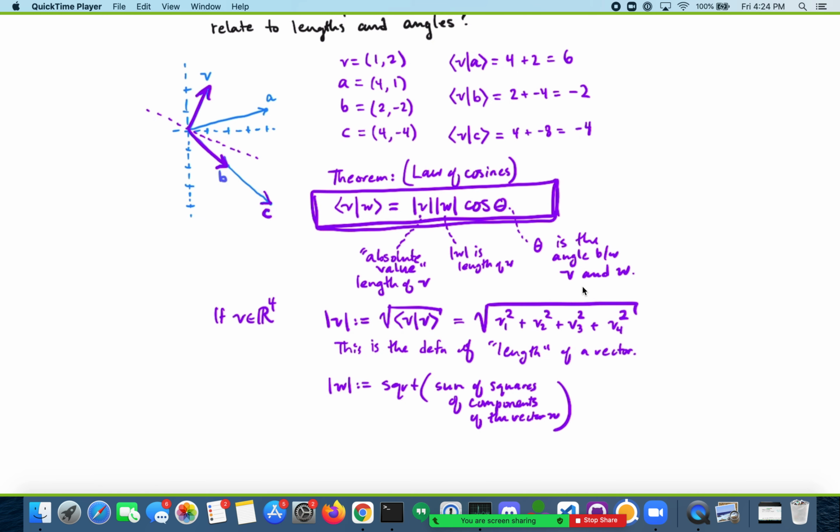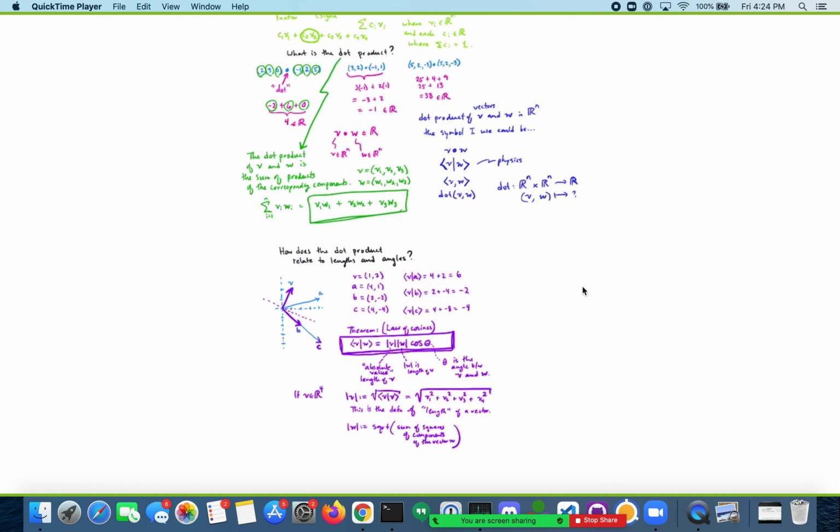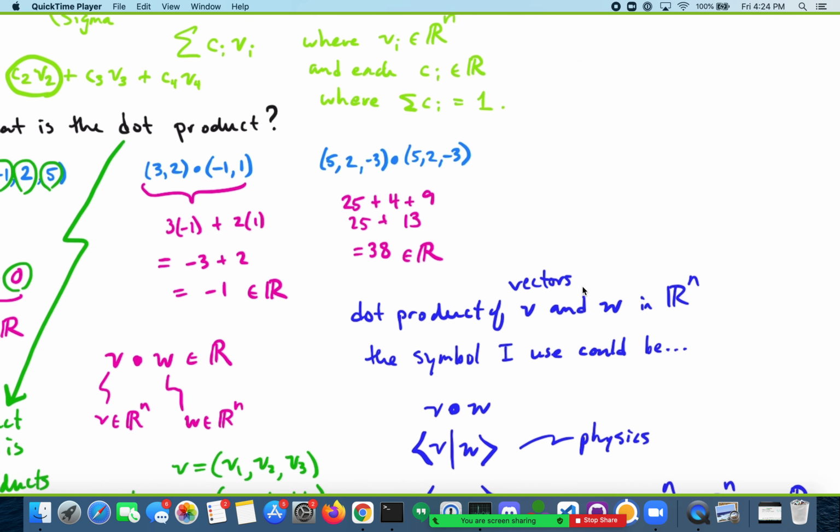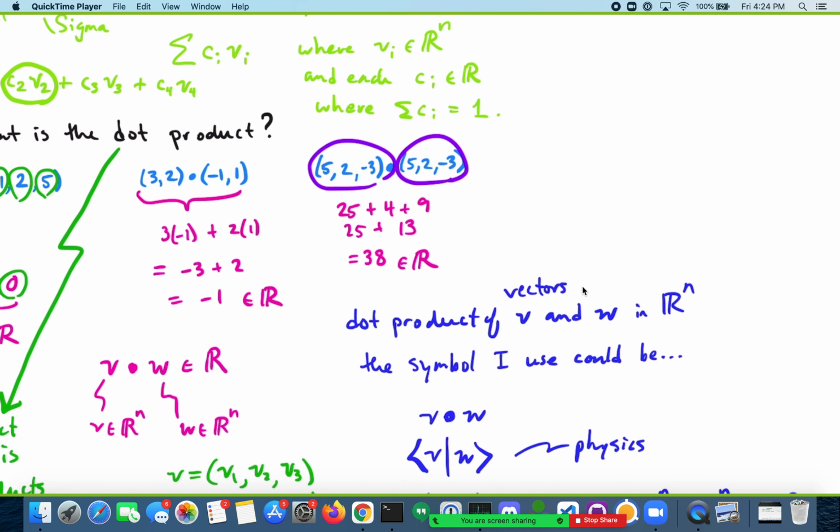And just to show you again in our example, remember up here where we did a vector dot product with itself?